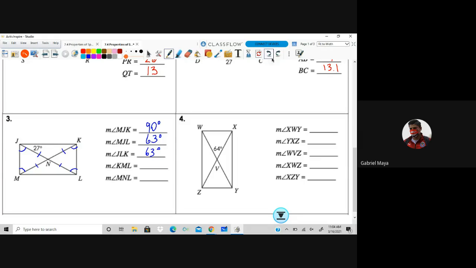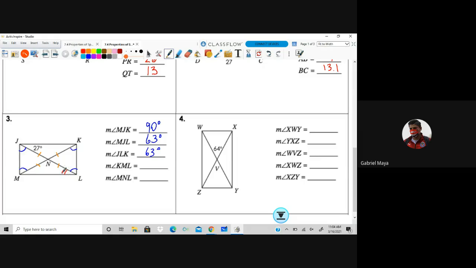I'm gonna use orange to mark these. And I'm gonna use blue. So that tells us that these angles are all congruent. And let's use red for this.